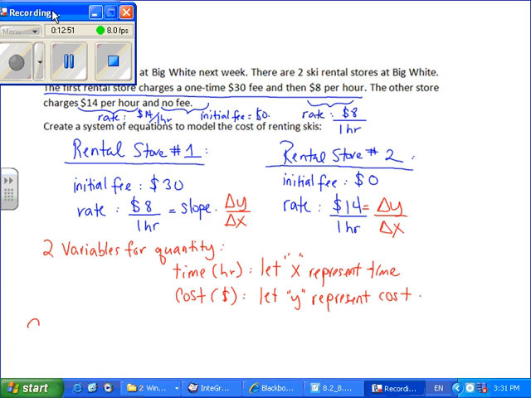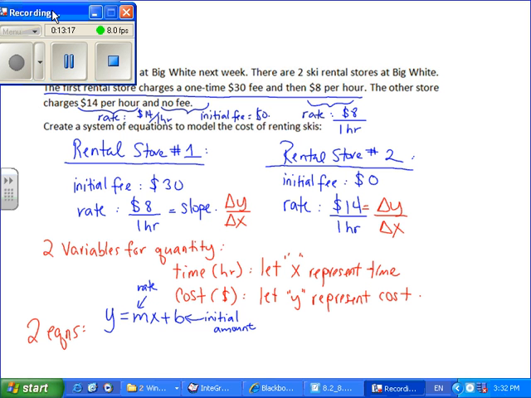So let's write two equations. They're both linear equations because I have a constant rate of change. So remember, your linear equation looks like this: y equals mx plus b, where m is your rate and b is your initial amount of y, because it's the value when x equals 0.